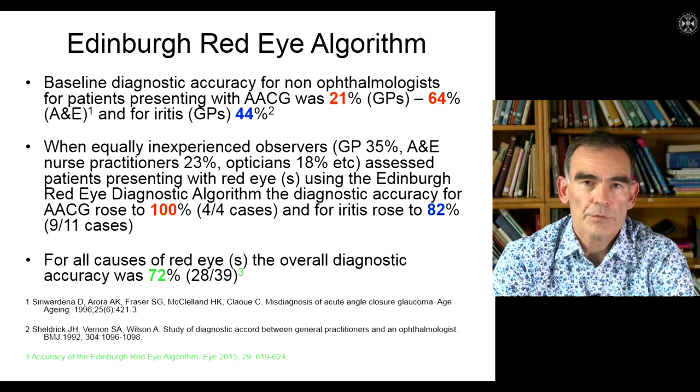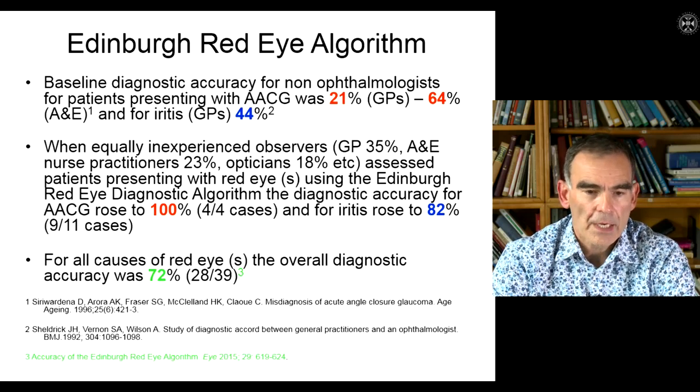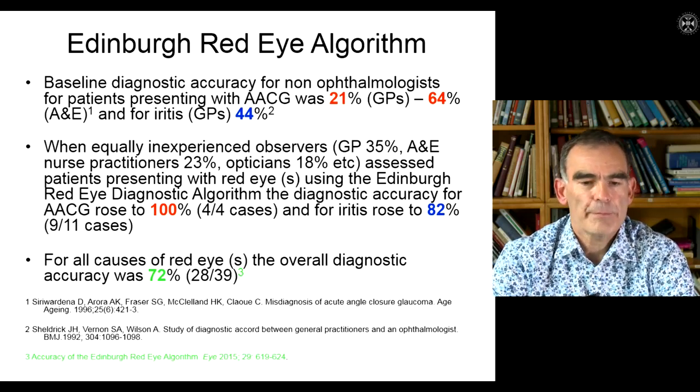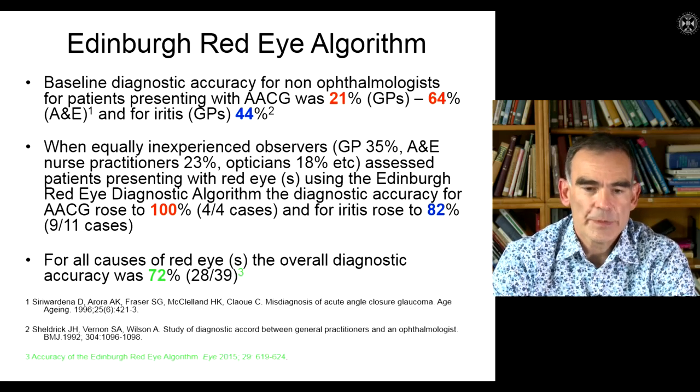And what we were looking at was the degree of concordance, the agreement essentially between inexperienced observers using the red eye algorithm. They would come to their algorithm assisted diagnosis, and we would see how close they came to the gold standard diagnosis. We had some baseline data, not from this study, from other studies in the past, looking at how good inexperienced clinicians were at picking up particular serious red eye conditions.